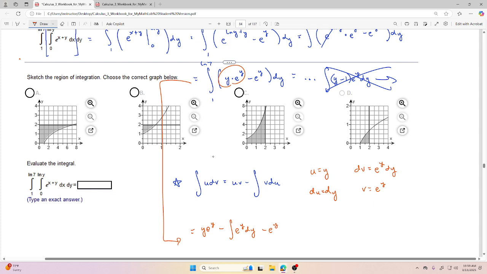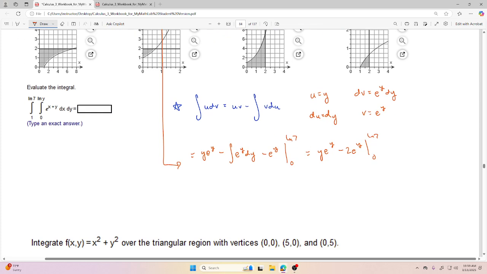Okay, awesome. From 0 to ln 7. Notice that, what's my integral of e to the y? Yeah, so there's 2 of those guys now. And I mean, we can factor, but I want to just get an answer, you know. Plugging in the ln 7 everywhere. And then we'll plug zeros in here in just a second.